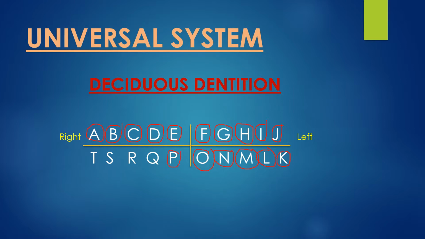P represents lower right central incisor, Q represents lower right lateral incisor, R represents lower right canine, S represents lower right first molar, and T represents lower right second molar.